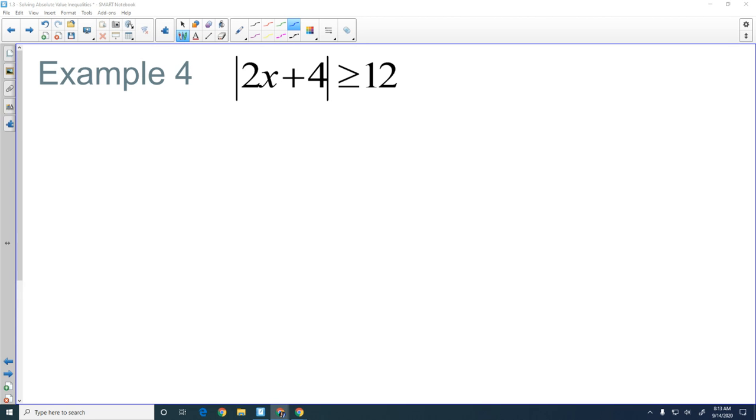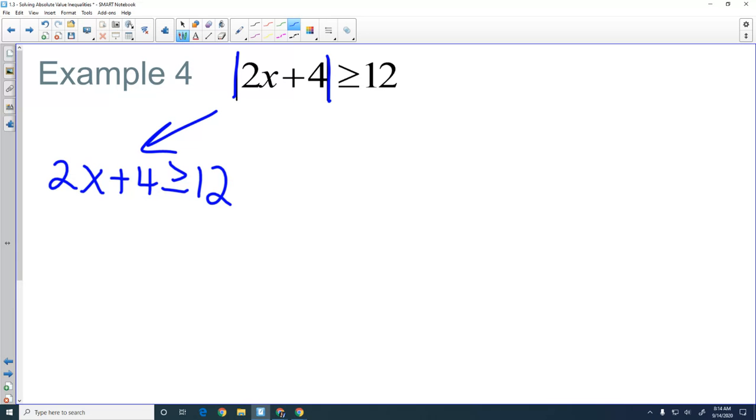All right, let's take a look at this together. Since the absolute value is already isolated on one side, we go ahead and just write our two different inequalities. The first one will be 2x plus 4 is greater than or equal to 12.